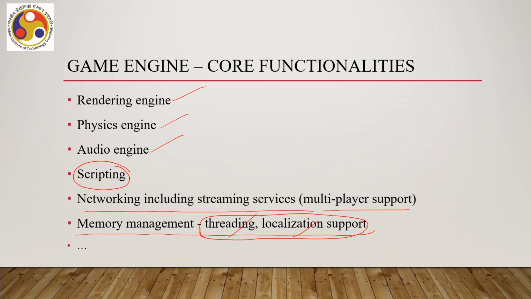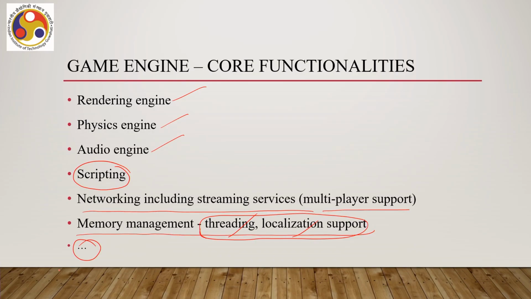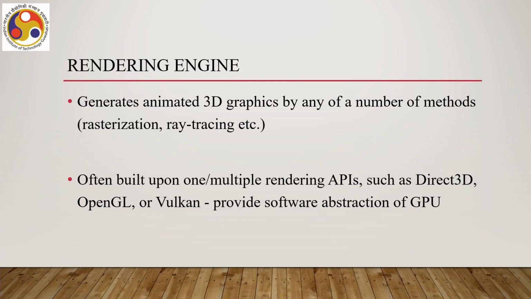Threading, localization support, these are all part of memory management. There can be many other basic level operations that are supported by various game engines. So, let us try to understand what these individual engines mean.